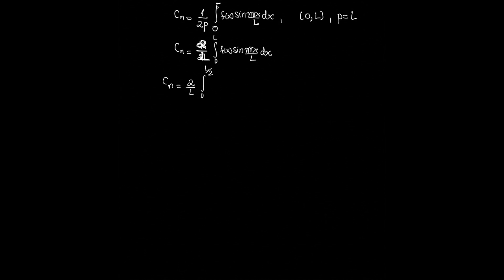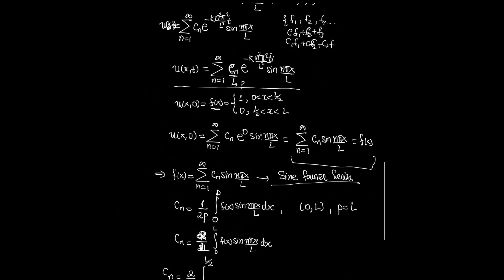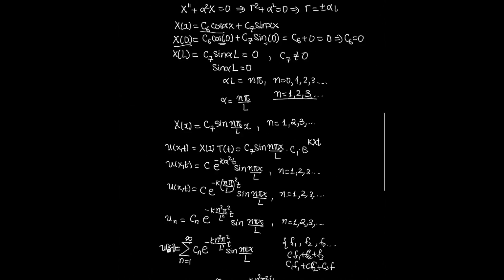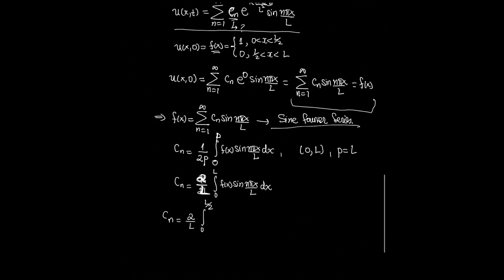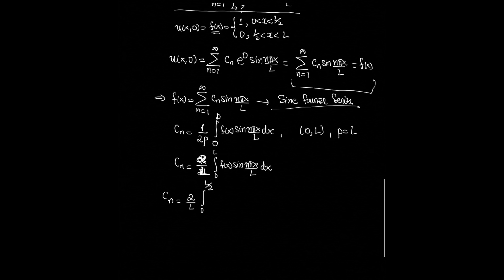2, because the initial condition function is given in two branches. So I have to break the integral from 0 until L over 2, plus 2 over L integral from L over 2 until L. But the function here from L over 2 until L is 0, so this integral cancels.